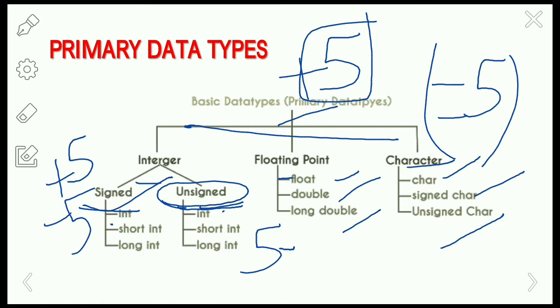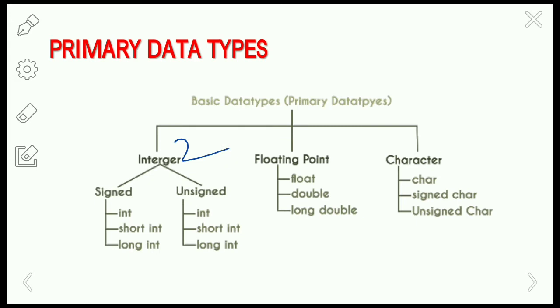Floating point is of 3 types: float, double and long double. Normally the integer data type allocates 2 bytes of memory space, and the floating point allocates 4 bytes of memory space. The char data type represents 1 byte of memory space for a particular character.